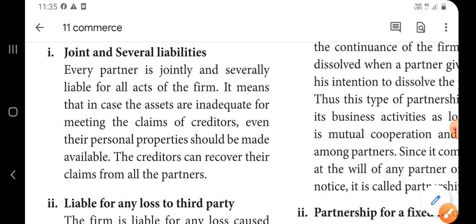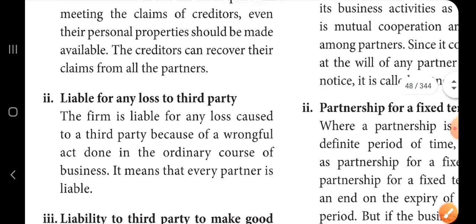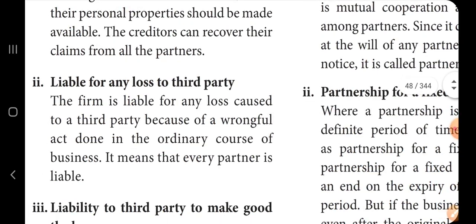Now, liable for any loss to the third party. If any of the partners, because of his act, causes some loss to the firm or to the third party, in that case all the partners have to compensate that loss to the third party.